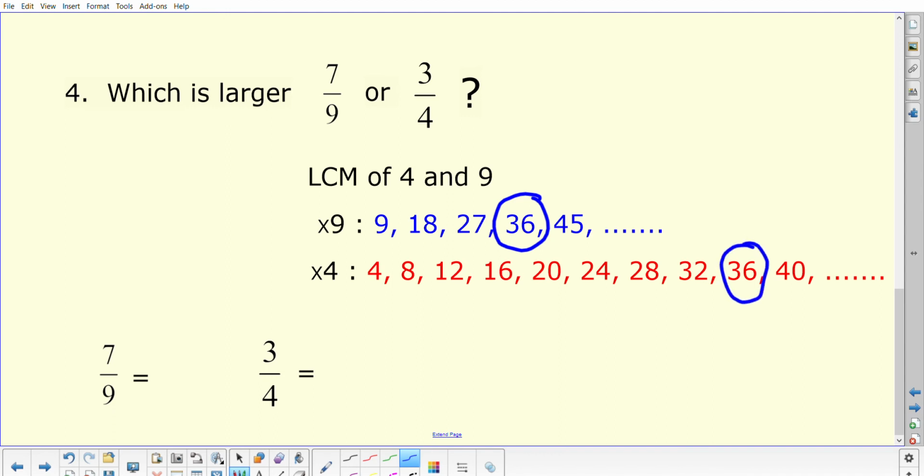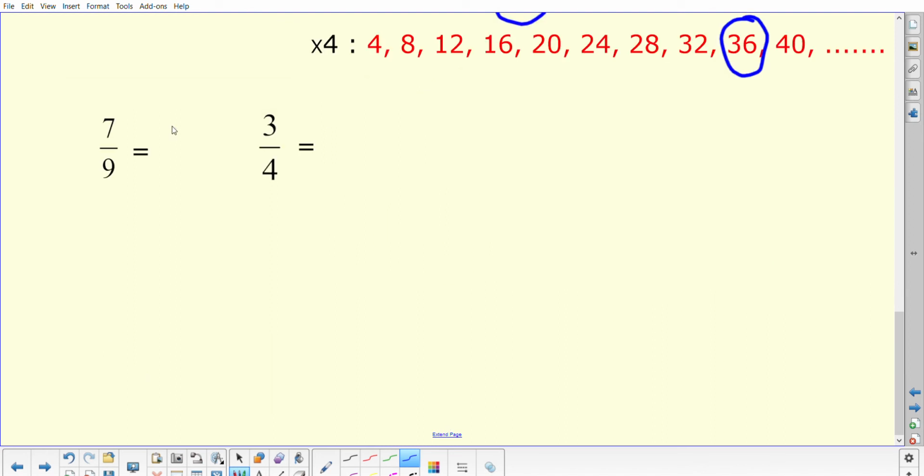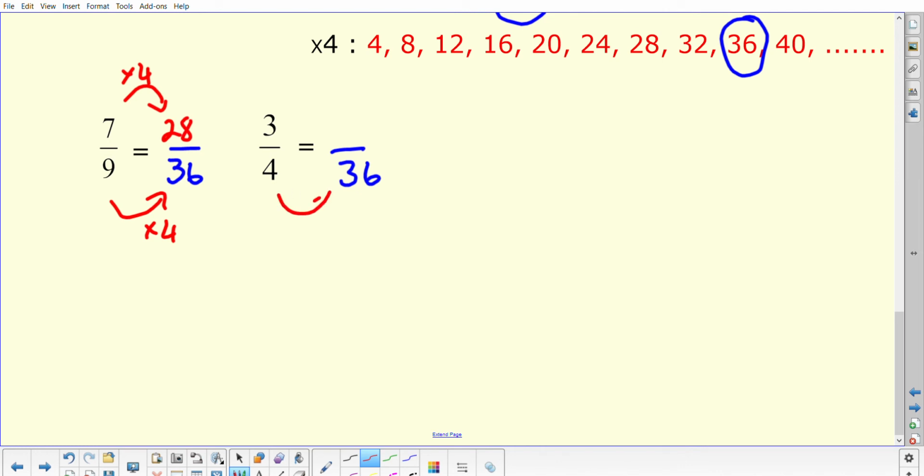So what you'd be doing to compare these two fractions is changing them both into 36, and hopefully you know that's times them by 4. Times them by 4 means that you'd get 28 on the top there. This one, on the other hand, is times them by 9, top and bottom, and that would get you 27 there.